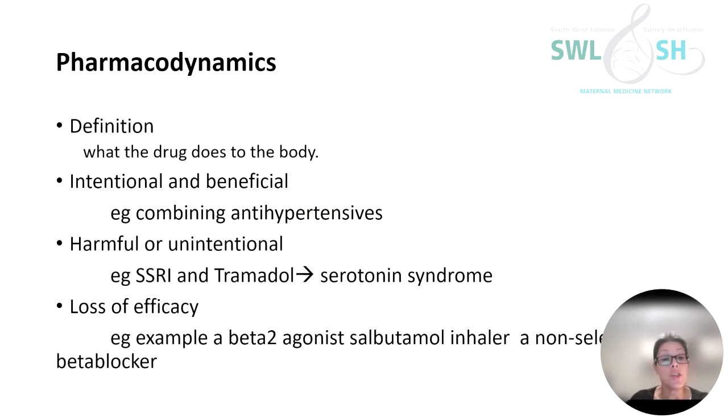An example of that would be where the efficacy of the drug is lost, where you have a beta-2 agonist salbutamol inhaler in a patient who has asthma, and then they are also on a beta blocker. So you have one drug competing for the same receptor, activating the receptor, and another drug which is inhibiting the receptor.